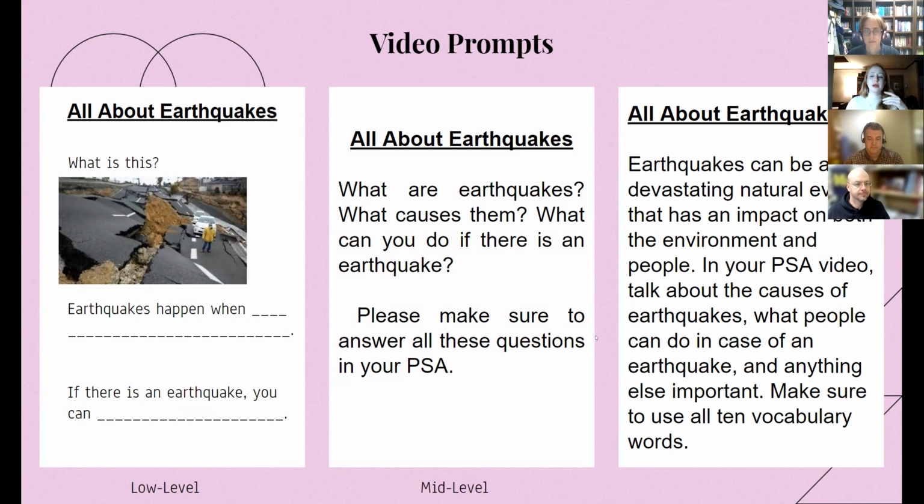They also need to be able to read all of this. They need to be able to know what to do. I'm telling them to use all 10 vocabulary words. So they need to know these words and they need to be able to incorporate them in a natural manner. So there is quite a big jump between the intermediate and the advanced. But like I said, most of our students will probably be comfortable swimming around this area.